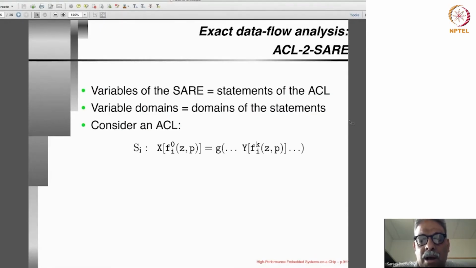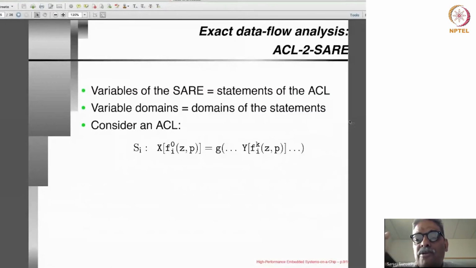Now think of this statement like this. Statement label Si. On the left-hand side, you have some variable X, which is being accessed with some function of the loop indices that are visible to the statement and the program parameters. The subscript of the function Fi indicates which statement, and the superscript indicates which reference in that statement. Zero is for the left-hand side reference. And on the right-hand side, I have many references to many different variables.